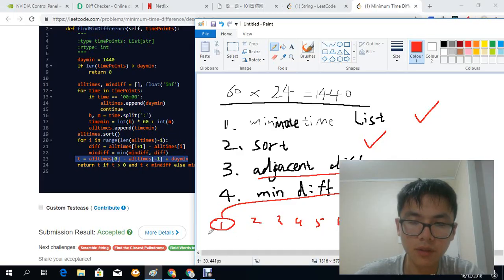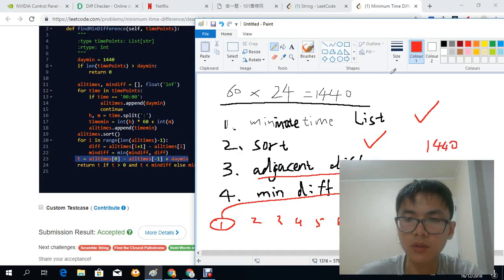But if we subtract and add day minutes, because sometimes, for example, day minutes is 1440.